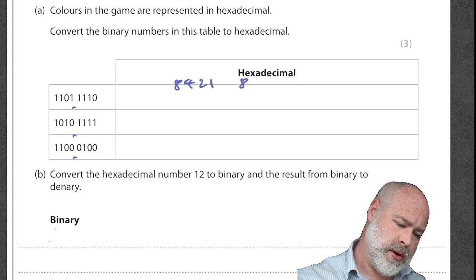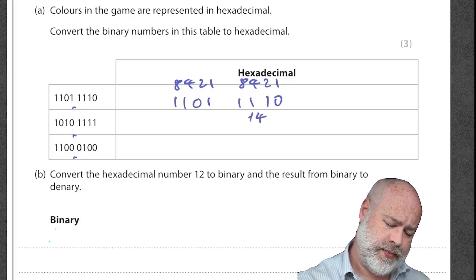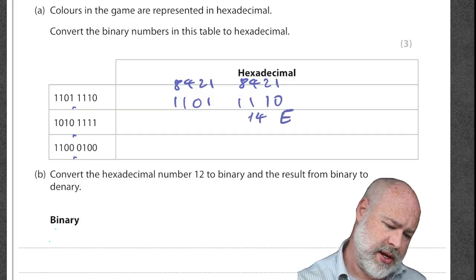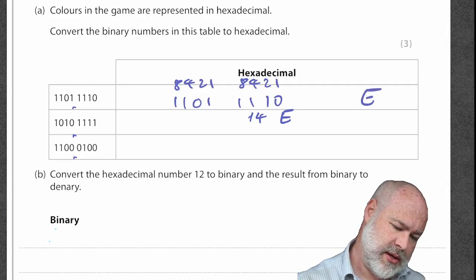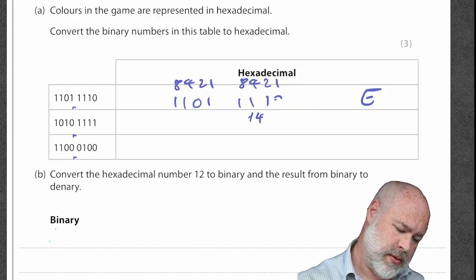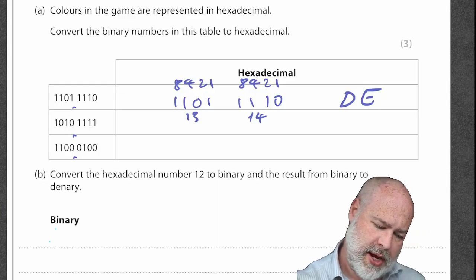8421, 8421, 1101, 1110. 8, 4 and 2 is 14, which would be E, the equivalent E in hexadecimal. Let me just write it there so we're not encroaching on the space. 8, 4 and 1 is 13. So DE is what I make it.